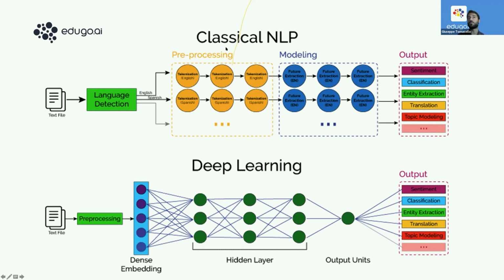The classical NLP, as you can see at the top of the screen, does a lot of what's called feature extraction, which means I'm going to understand all the different rules of the language and create all those features and rules in order to perform the output, which is classification, translation, topic modeling. Whereas with deep learning, we analyze a huge set of data and encode it in neural networks, which take a lot of data and a lot of computation and create a huge statistical model.